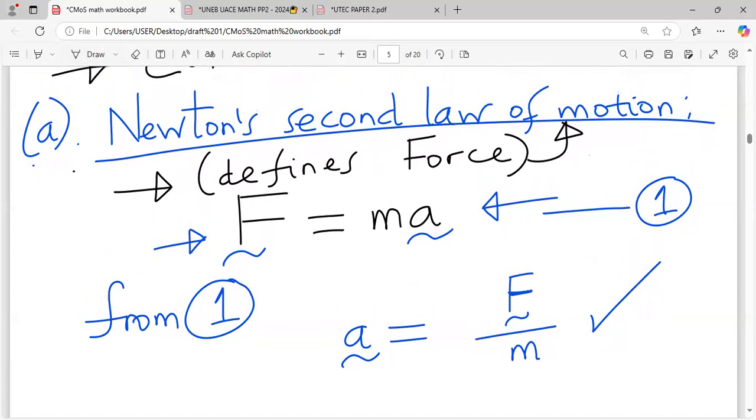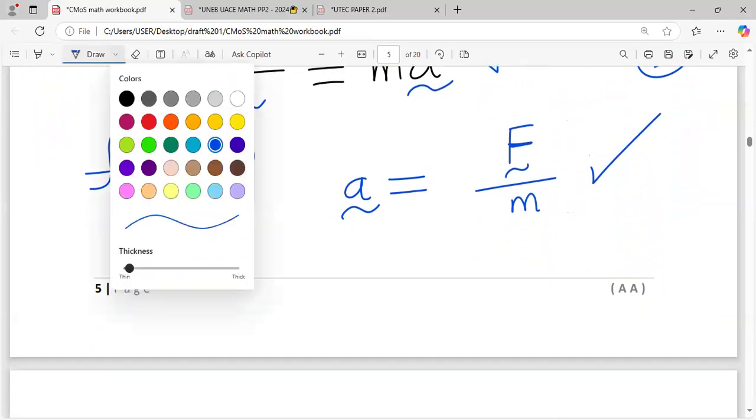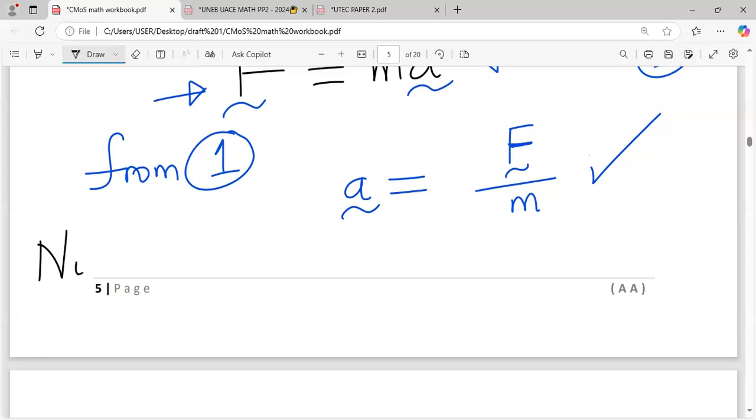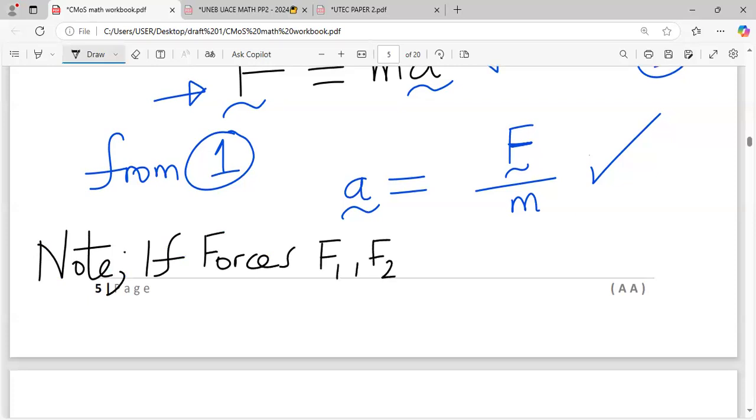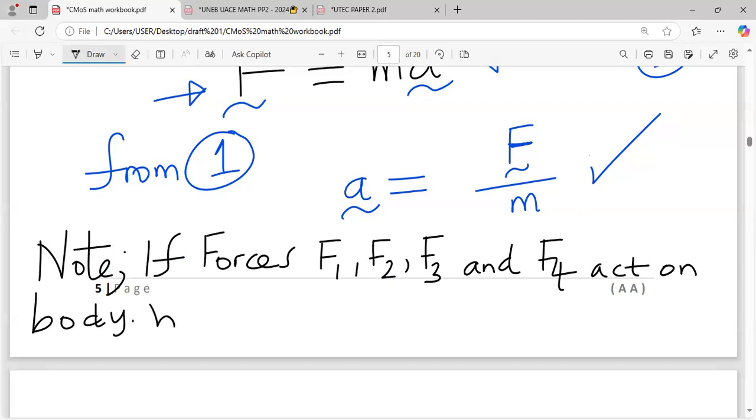Then maybe to talk about force, I can put here a note and say, if forces F1, F2, F3, and F4 act on body X, what is the resultant force on body X, if I may ask?